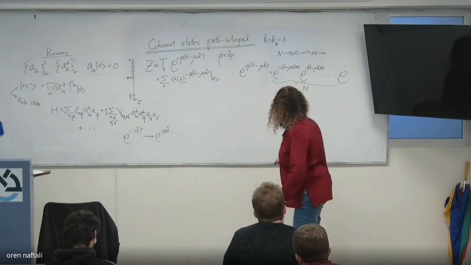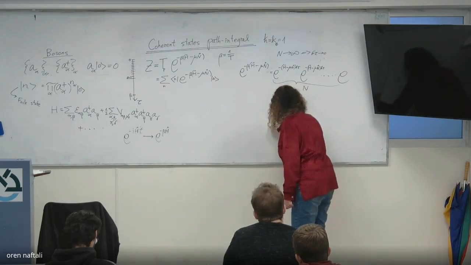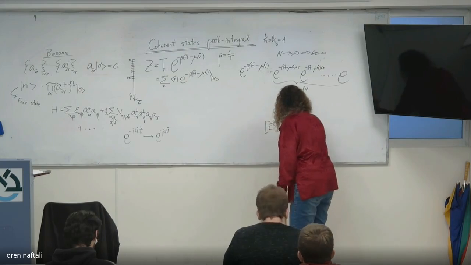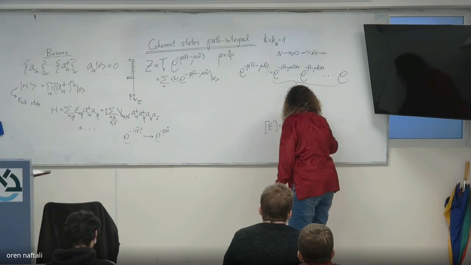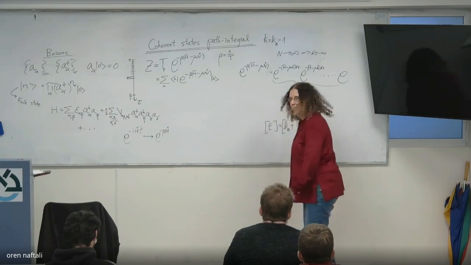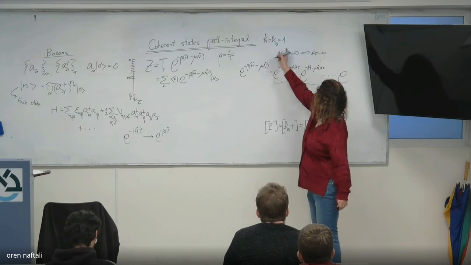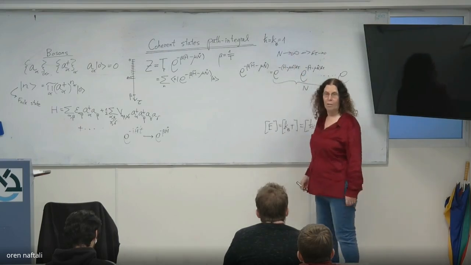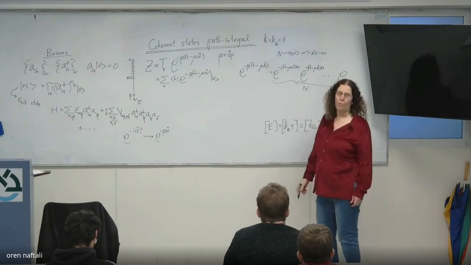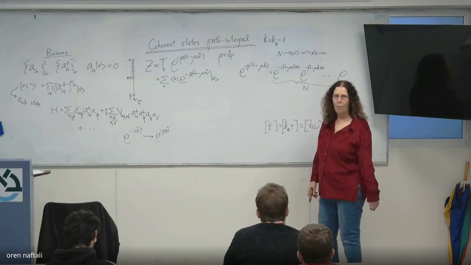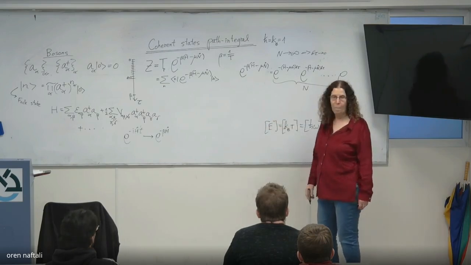So h bar over energy has units of time. So if I'm taking these to 1, then beta has units of time. And d tau and tau have units of time.